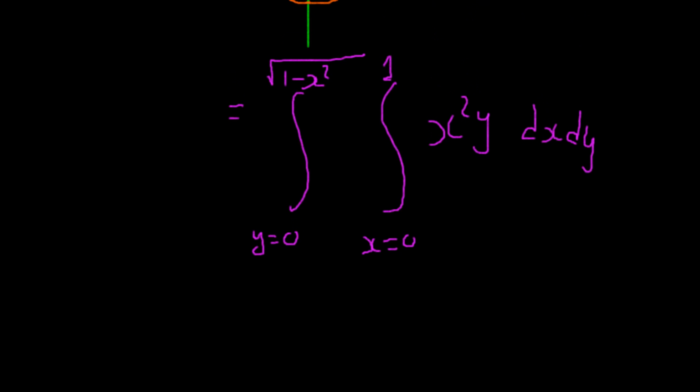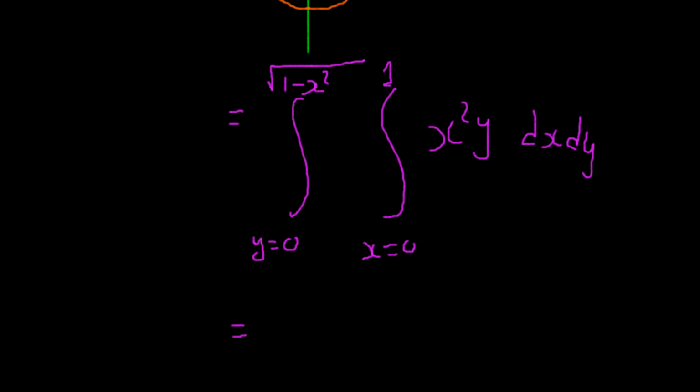Now there is only simple integration, and I don't think I have to tell you guys, but still that's my job. So first we are going to integrate with y. If you don't know why we first integrate with y, it is because here there is only the term x. So first we integrate with y, second we integrate with x.